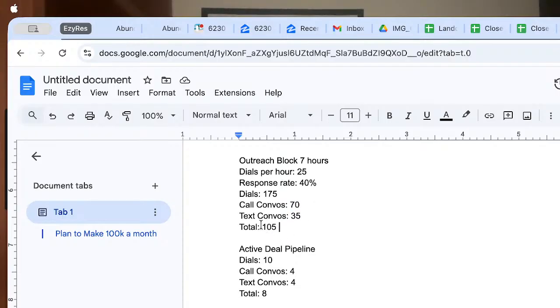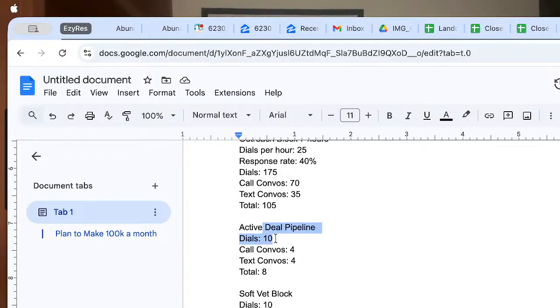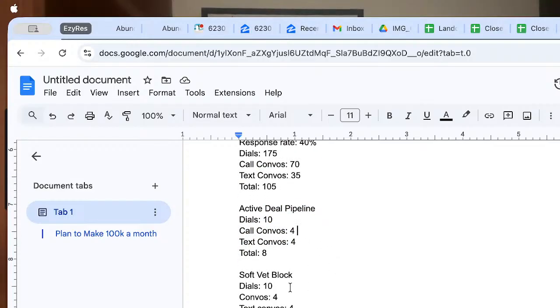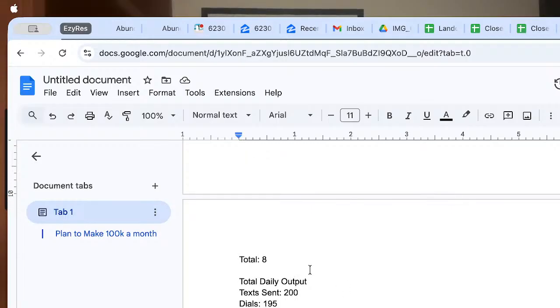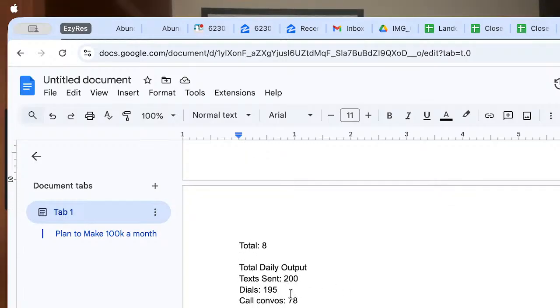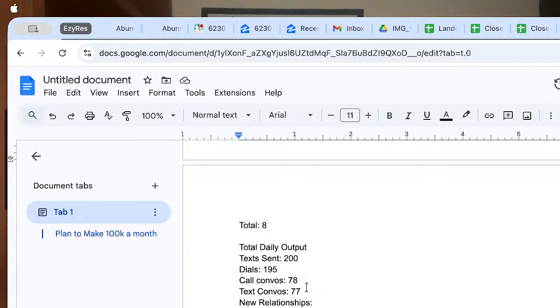So with a total of 105 conversations, the active deal pipeline is not going to be that many, just 10 dials, 4 conversations, text and call. Soft vet block, same thing, 10 dials, 4 conversations for text and call. My total daily output would be 200 texts sent, 195 dials, 78 call combos, 77 text combos. We need to put a total there.